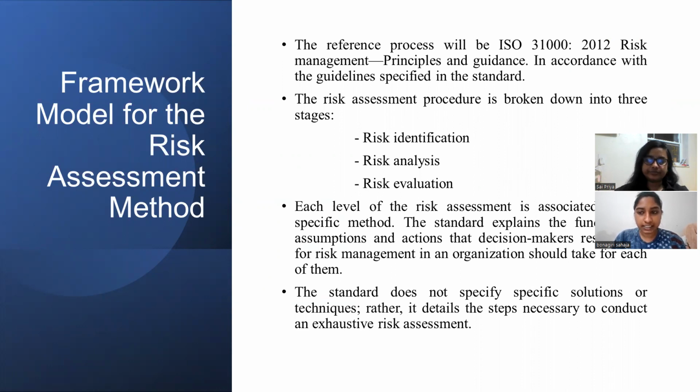The standard's content includes a list of 31 approaches that are broken down into groups and given a rating based on how useful they are at solving the problem. The best way to deal with a risk is based on the risk characteristics and the specifications of the situation. Next slide.